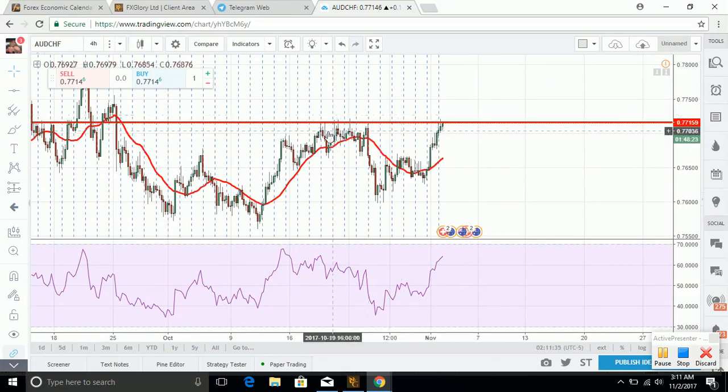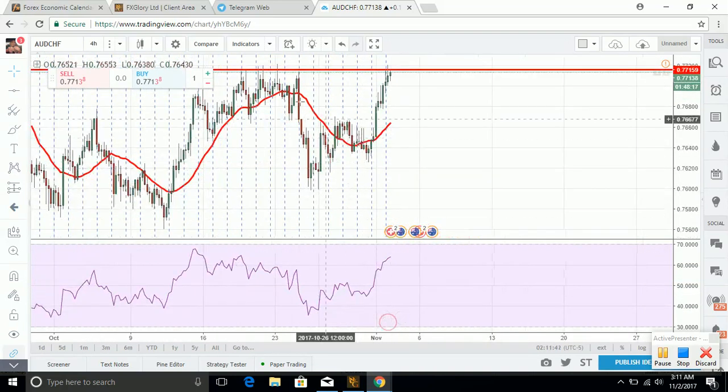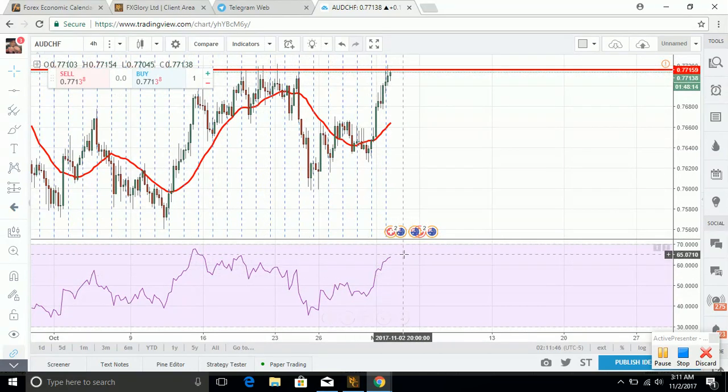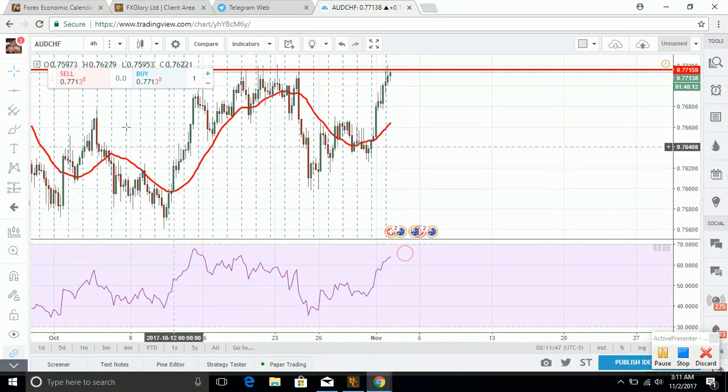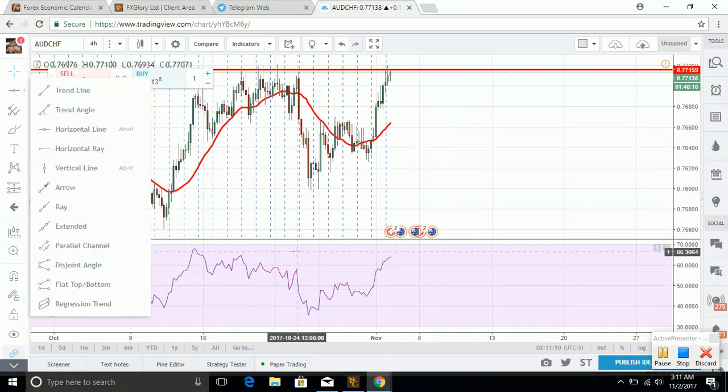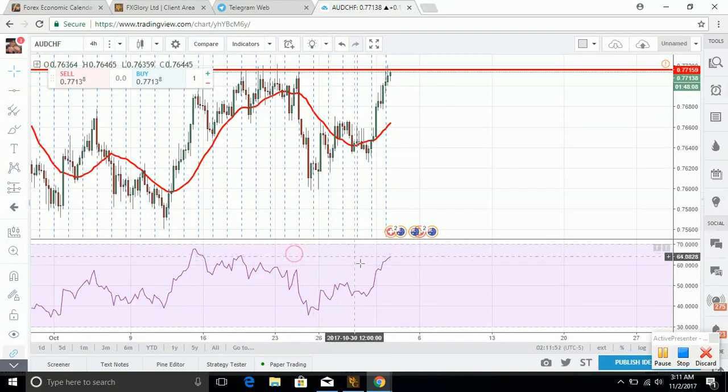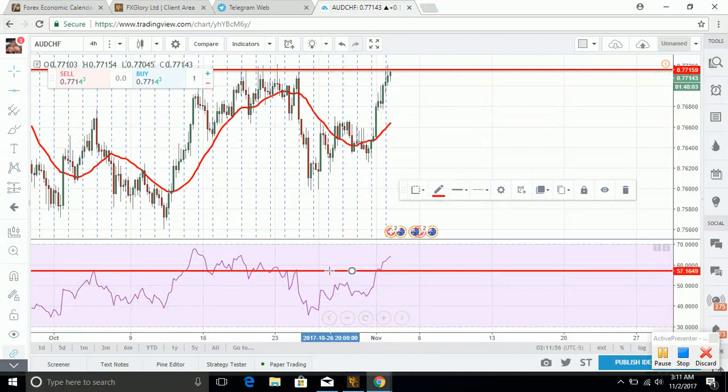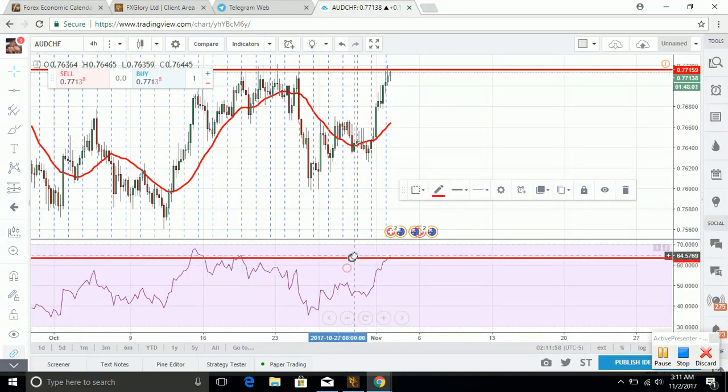Okay, see, we have a level of resistance here. Level of resistance here, and we're also up here nearing the overbought position here on the RSI.